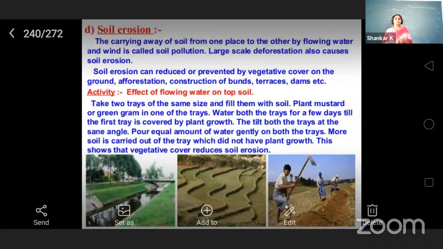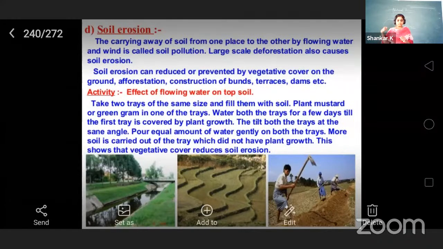Plants hold the soil, roots hold the soil firmly. Whenever we grow more plants, they feed the soil and hold the soil. If you remove the plants, what happens?